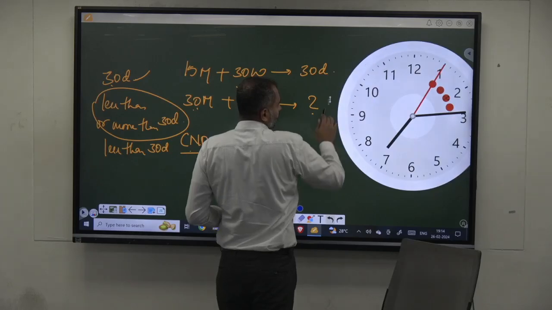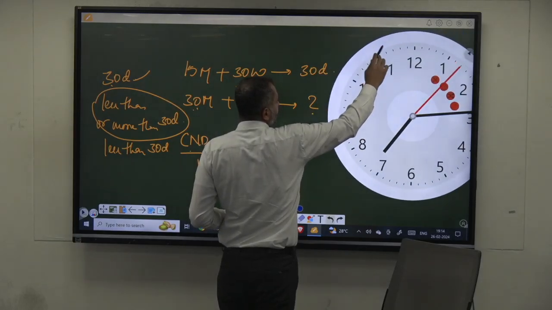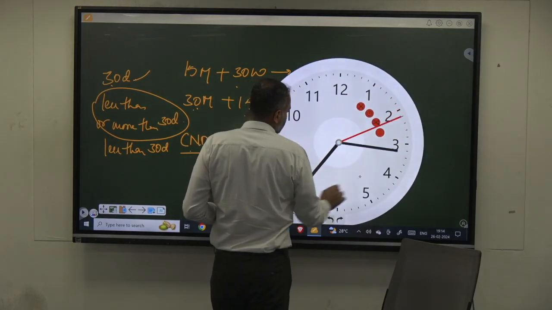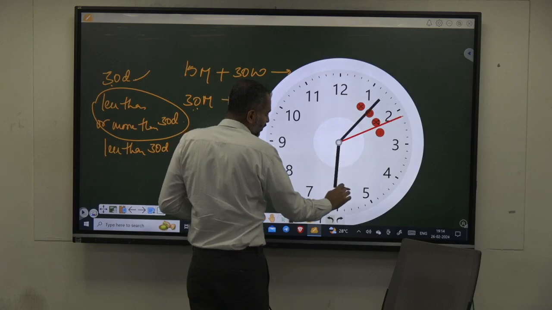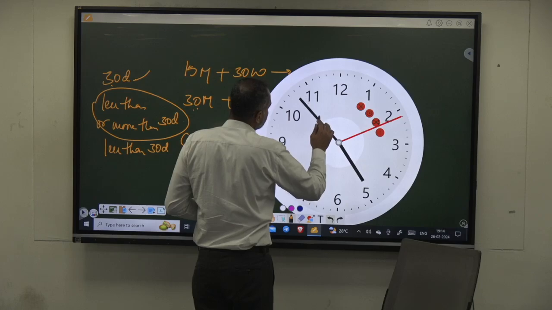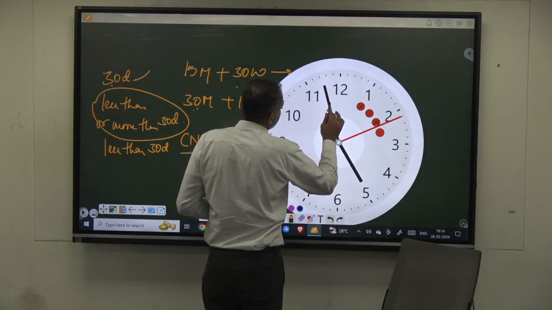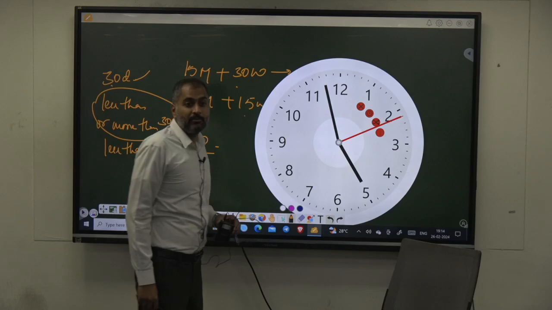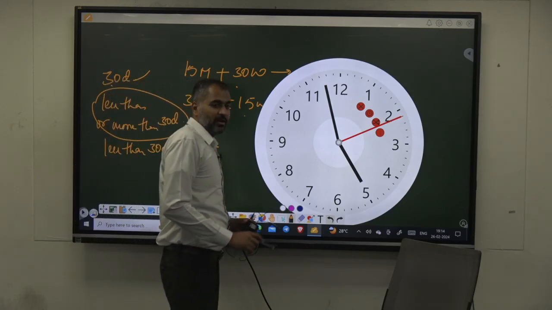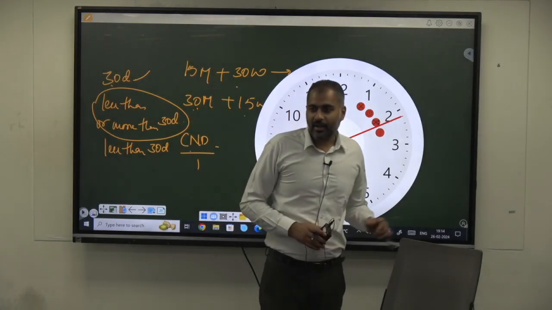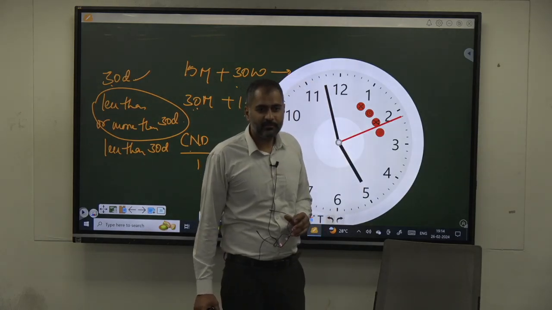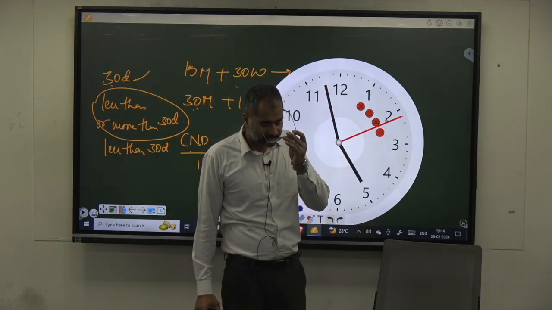A clock-based question. One of the statements says, between 4:58 and 4:59, PM, AM, anything, the minute hand and the second hand meet. Yes or no?